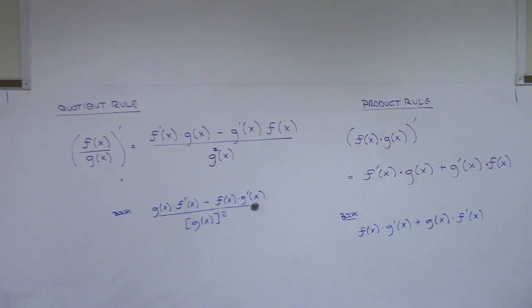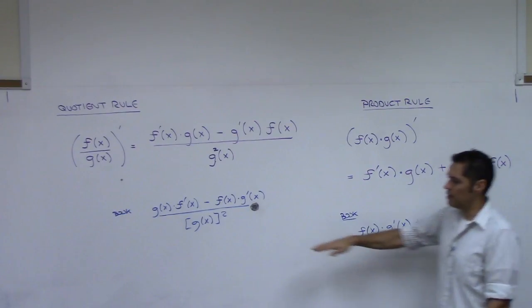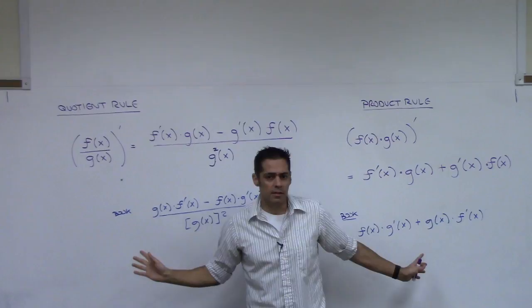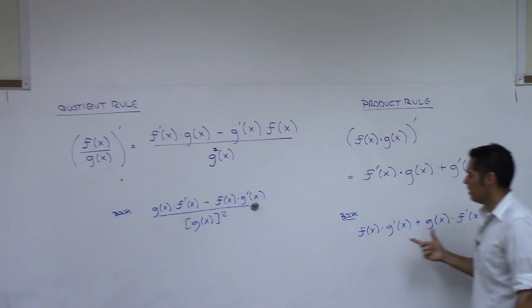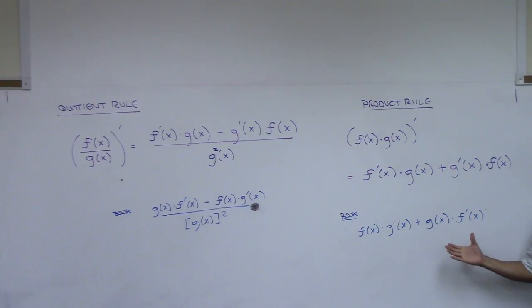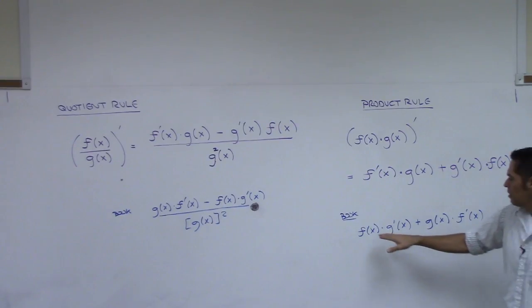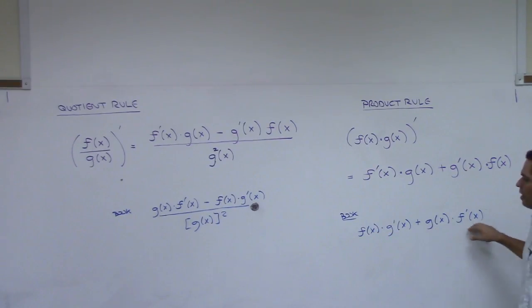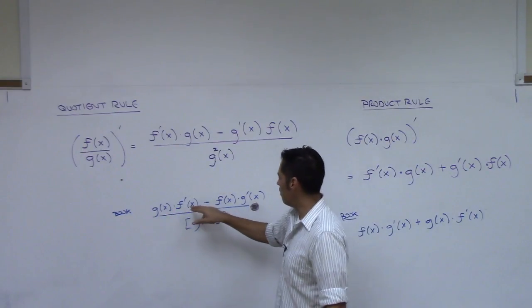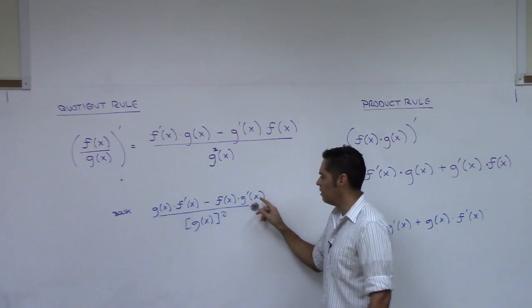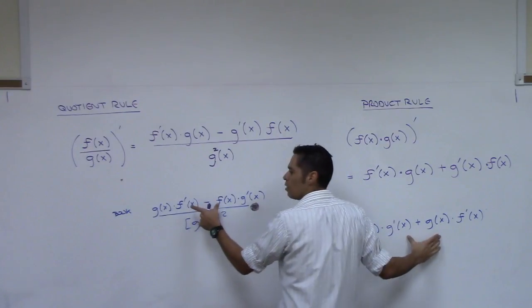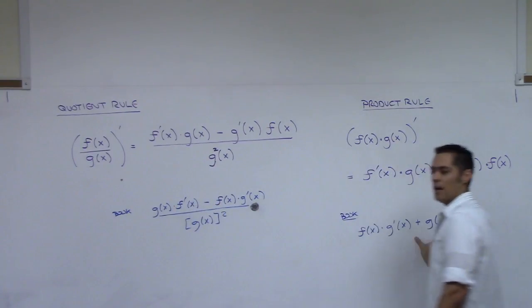When I was learning calculus, the book that I learned out of did the same thing. They had this and this right here. And if you look at this, these almost seem like you have to memorize two different formulas, right? Because this one is f then g prime, and then g then f prime. This one's g then f prime, and then minus f then g prime. So there's something different in the way this numerator looks from this, right?